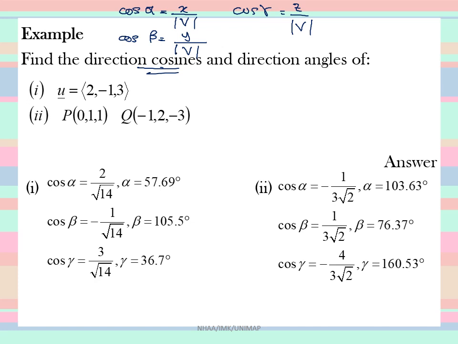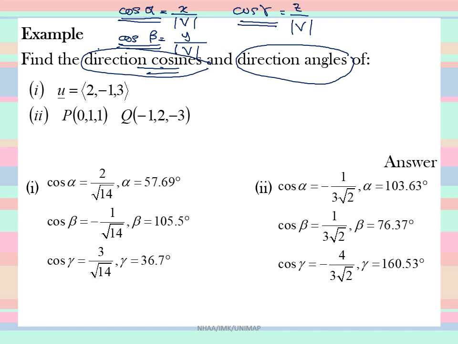Because it is direction cosine, you leave your answer in cosine term. Direction angle is specific to alpha, beta, gamma, so you solve from the direction cosine for alpha, beta, and gamma. That's why it is really important to understand the difference between direction cosine and direction angle.